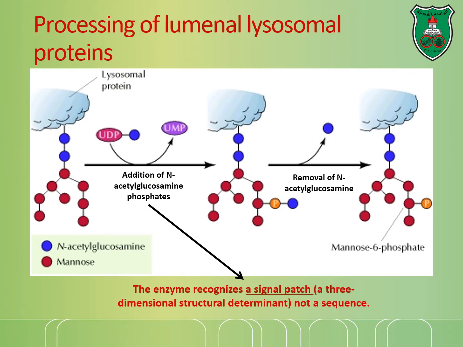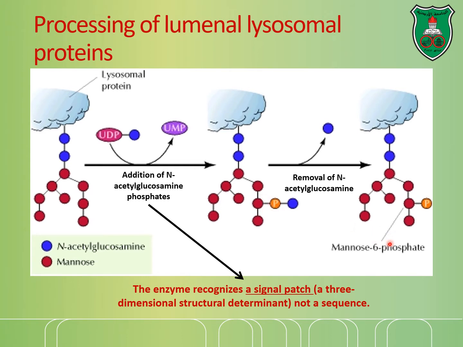Now, in terms of lysosomal proteins, it's dependent on mannose, the sugar that is added first in the ER, then it's modified. You have modification taking place in the Golgi, and what happens is phosphorylation of one of the mannose sugars.